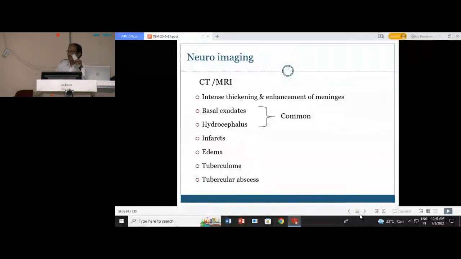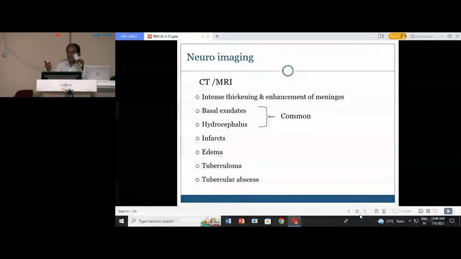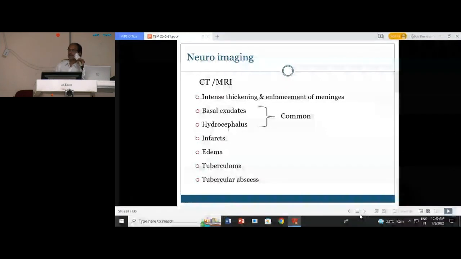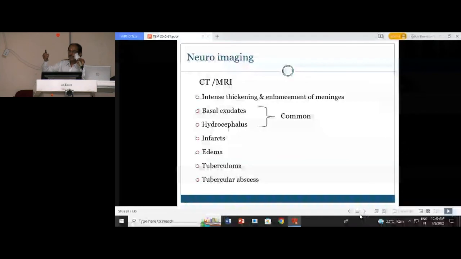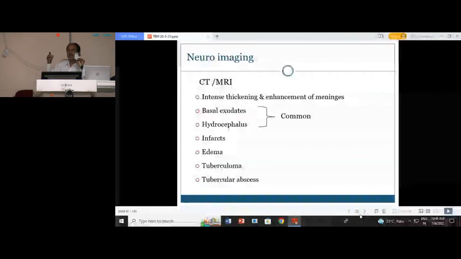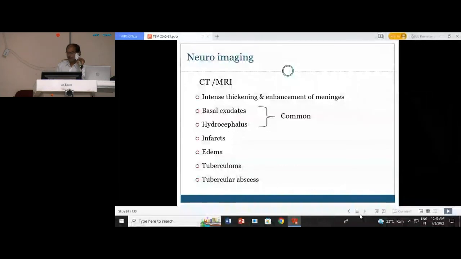Basal exudates and hydrocephalus are common in TBM patients. Infarcts, hydrocephalus, thickening and enhancement of meninges, edema, tuberculoma, tuberculous abscess, all we can see with CT or MRI.